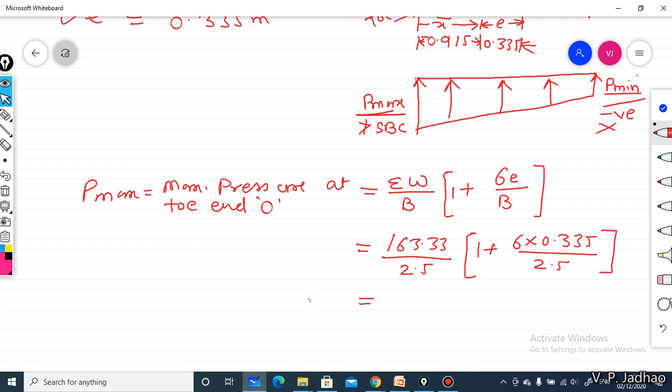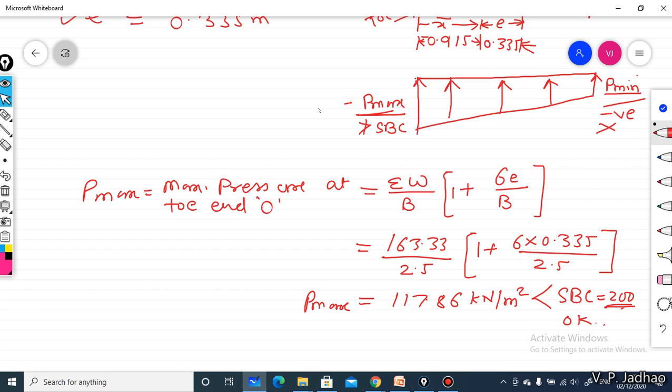So we get P max equal to 117.86 kilonewton per meter square, and it is less than SBC of 200 kilonewton per meter square, and hence okay.